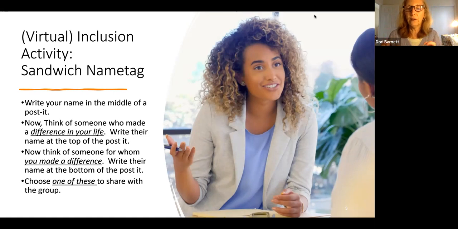I'm going to give it like 2 minutes, so if you want to do both, that's fine. So we're going to be in a very quick breakout with one other person. You're going to introduce yourself and explain your virtual name tag, the adult who made a positive difference for you, and or the student for whom you made a positive difference, and then let the other person share.